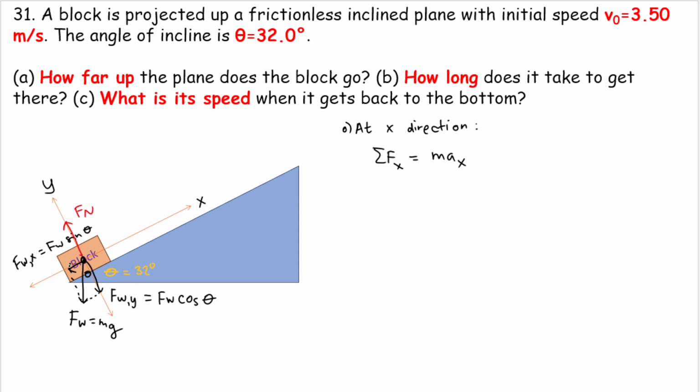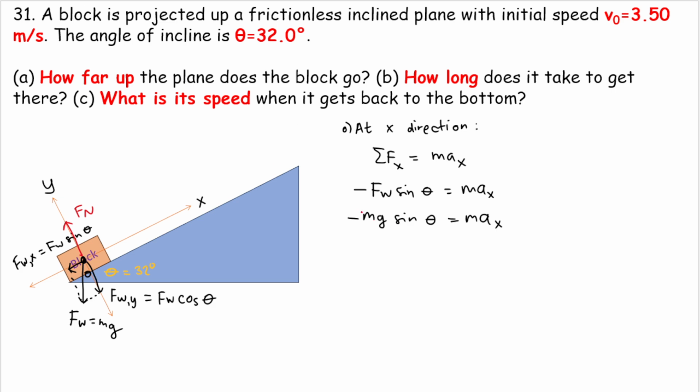However, that is in the negative direction, because positive x is that way. So we'll have minus Fw sine of theta, and that equals the mass times the acceleration in the x-axis. But the weight is mass times gravity, so I have minus mg sine of theta equals the mass times acceleration in the x-axis.